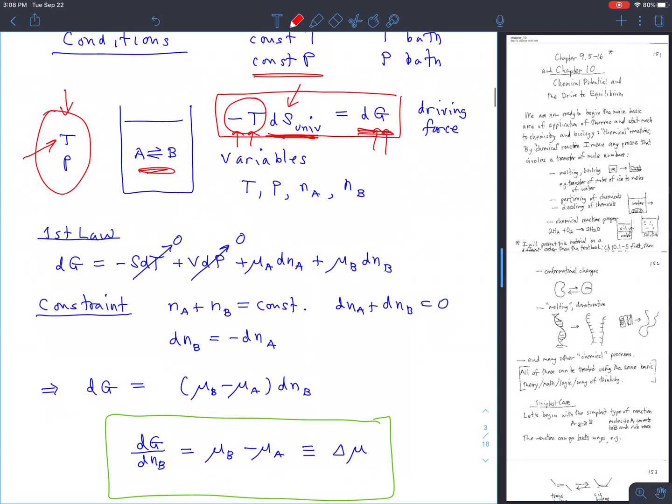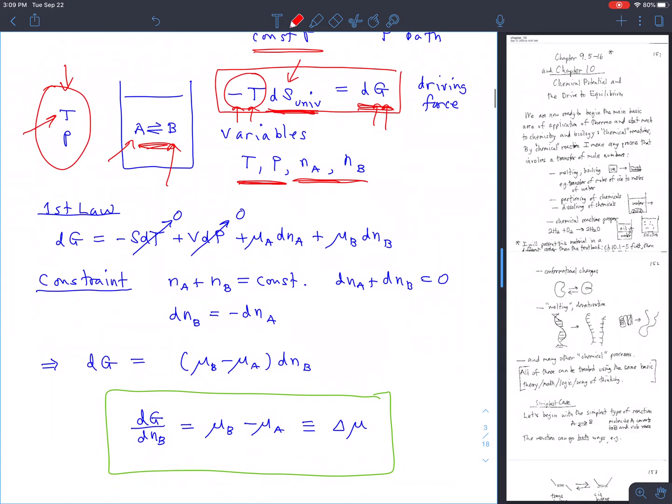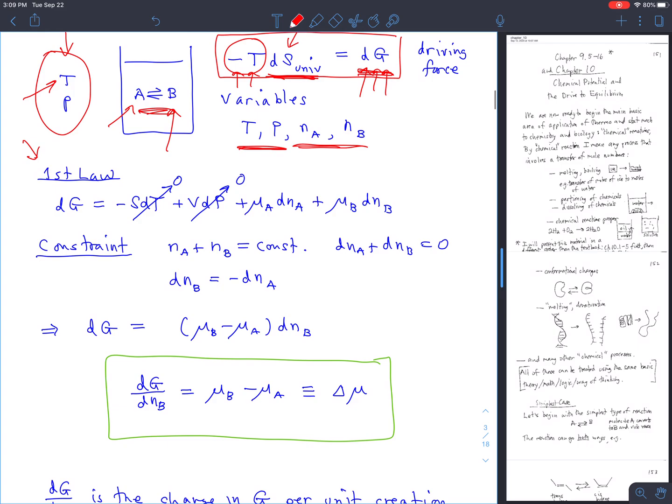The variables that matter for this situation are therefore the temperature and the pressure, of course, from the baths, and then the mole numbers for our two chemical species, A and B. And those are the only variables that we care about for this particular case. If we then write out the form of the first law that applies for changes in Gibbs free energy, or the differential expression for Gibbs free energy. Remember, there was that section of formal properties, and I told you that we were going to use them.